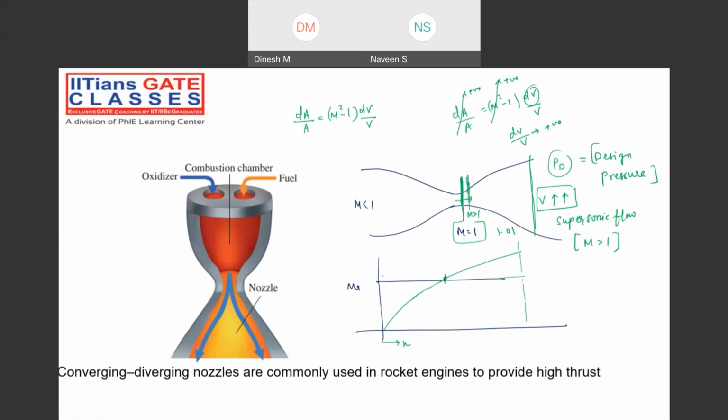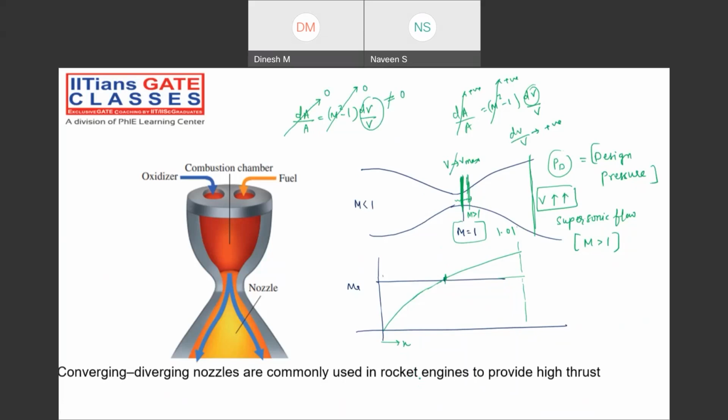Suppose Mach number is equal to 1 over here, then dA is going to be 0, but dV is not equal to 0. Understanding my point? So at this location, definitely the velocity will not be maximum. Understanding or not?